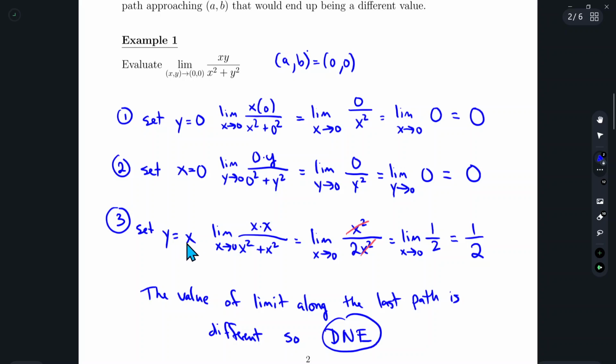When we made the substitution y equals x, the resulting thing we got at this step is a single term, powers of x, and the powers are the same, so you can simply cancel the x's, and then the value of the limit is just the coefficients that are left over. So just 1 over 2. That's how we obtained a different value along this path.